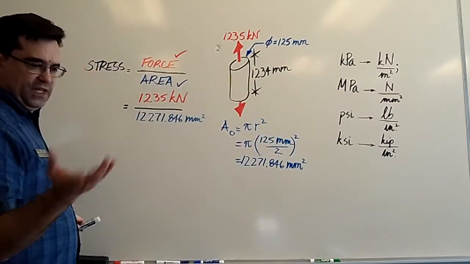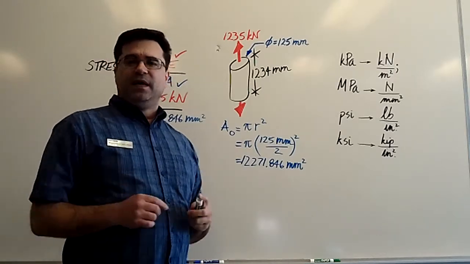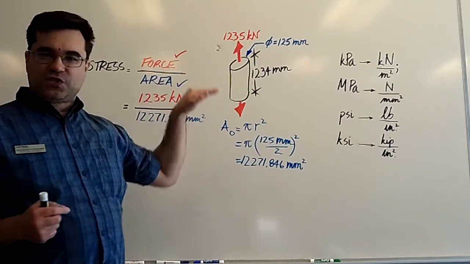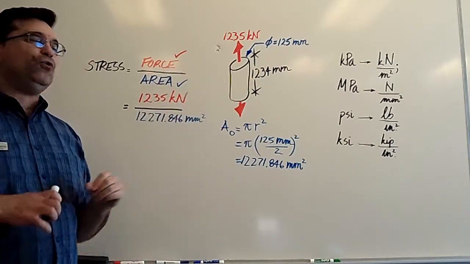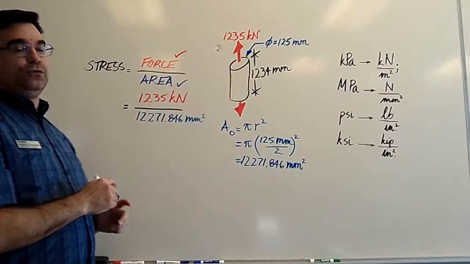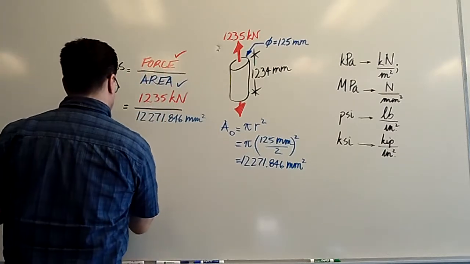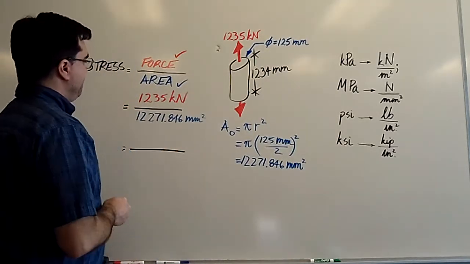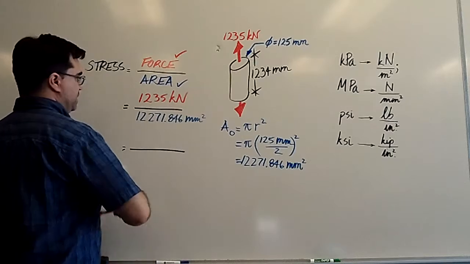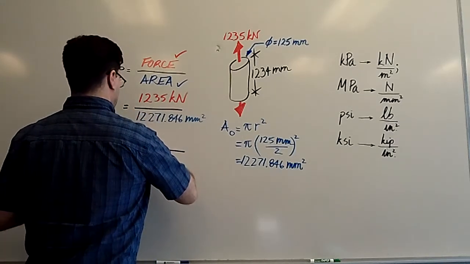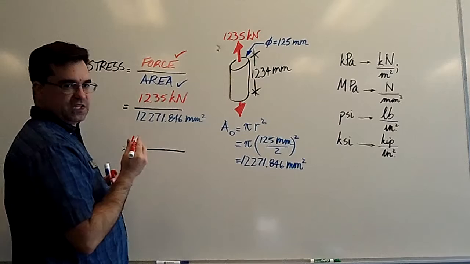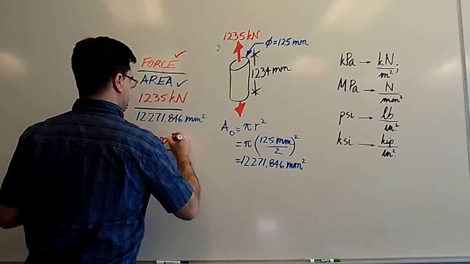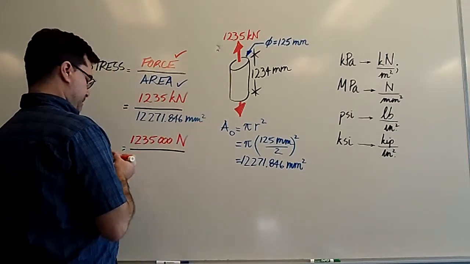Now when it comes to your tests or exams, you will typically be given what units to display this in, or you'll get answers that already have units in them, and only one set of numbers and units will work out correctly. Okay, so in our case, I'm going to convert this to newtons. To go from kilonewtons to newtons, I multiply by 1,000. 1,235,000 newtons.